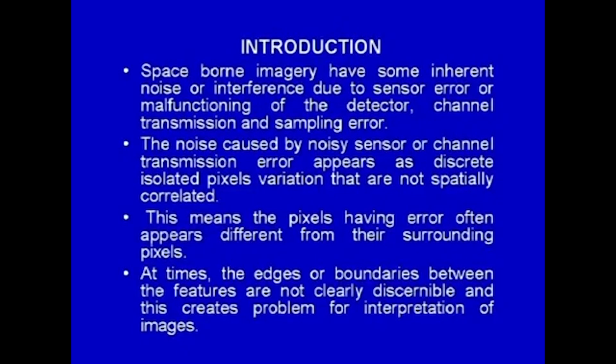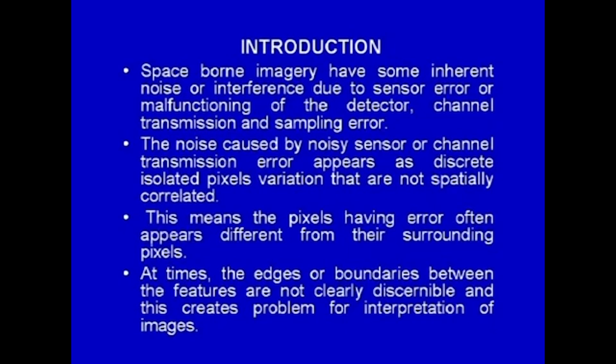Space-borne imagery may have inherent noise or interference due to sensor error or malfunctioning of the detector, channel transmission and sampling error. The noise caused by noisy sensor or channel transmission error appears as discrete isolated pixels variation that are not spatially correlated.